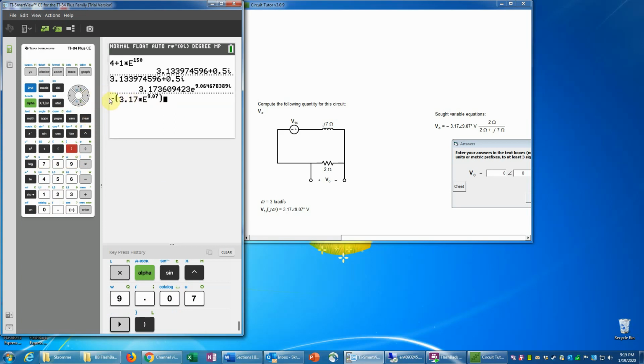And I'm not sure if we needed parentheses there, but I'll just put them in to be safe. Now multiply that times the 2, and then divide by that sum of 2 plus I times 7.